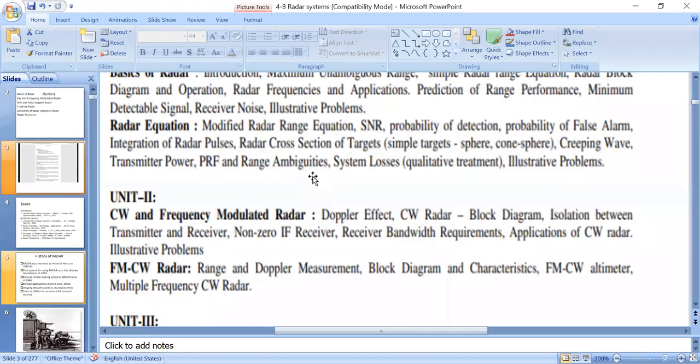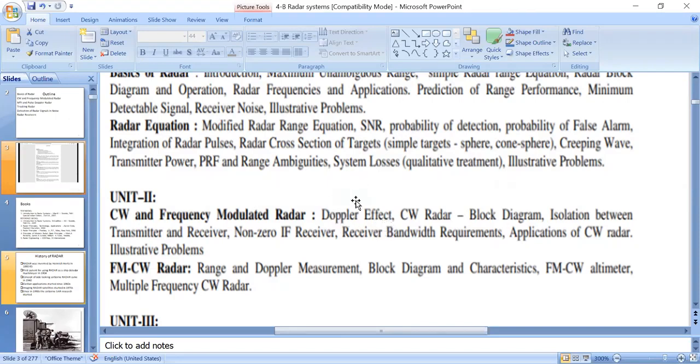In your second unit, you learned about continuous wave radar, continuous wave frequency modulated radar, and continuous wave radar with a non-zero IF receiver. All these topics are based on the concept called the Doppler effect, right? So what do you mean by Doppler effect?